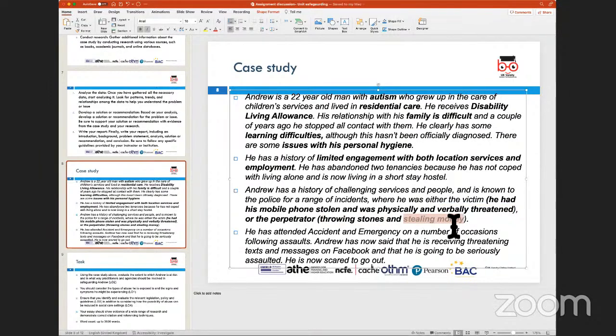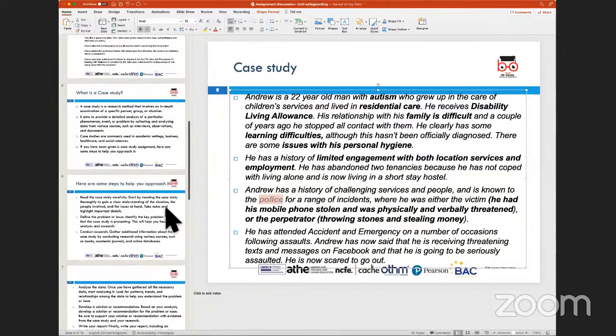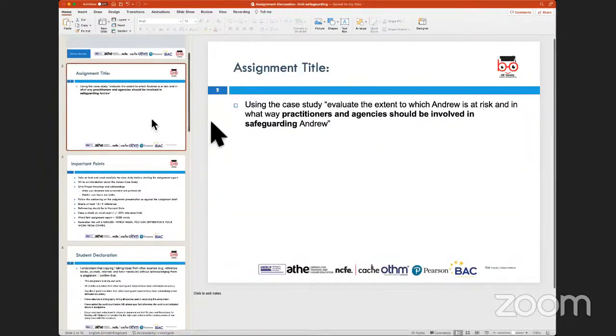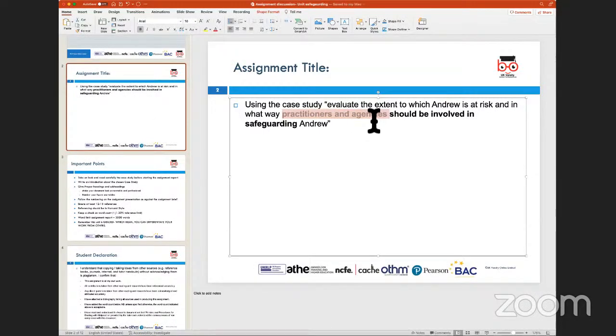So we are clearly seeing at least 5 or 6 types of abuse that he has had incidents of, and the police. So here, the other important word is police. Why is police important? Police is important because if I go back to the assignment title, it talks about the practitioners and agencies which should be involved.